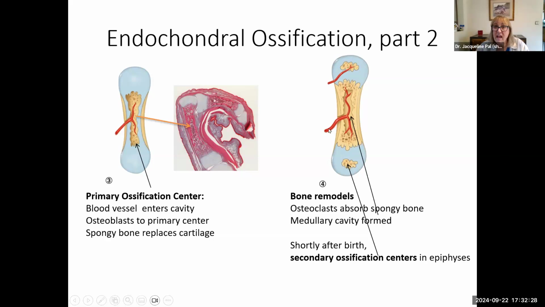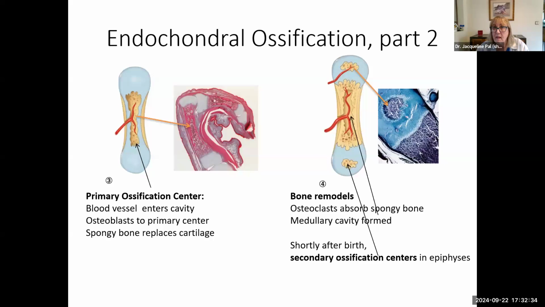So we're going to have bone with a medullary cavity in the diaphysis. Then we're going to have cartilage, and then a secondary ossification center in the epiphysis. And then we're going to have cartilage at the end.